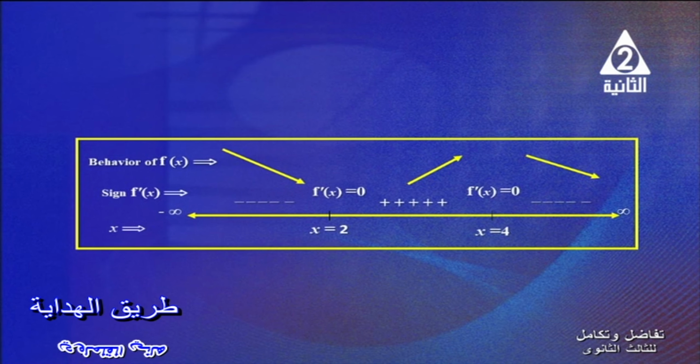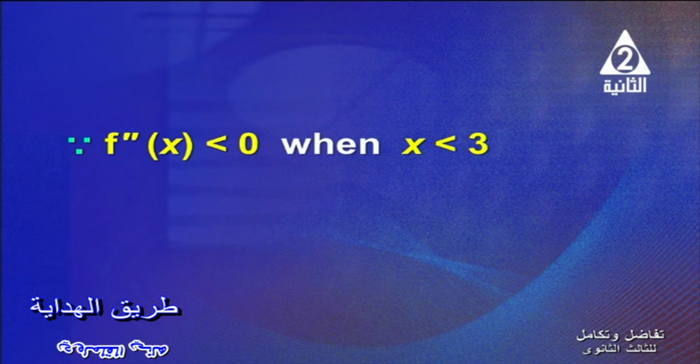What about x equals 4? At x equals 4, the function has a local maximum value because f dash is positive, so the function is increasing at the left and decreasing at the right. What about f double dash x?